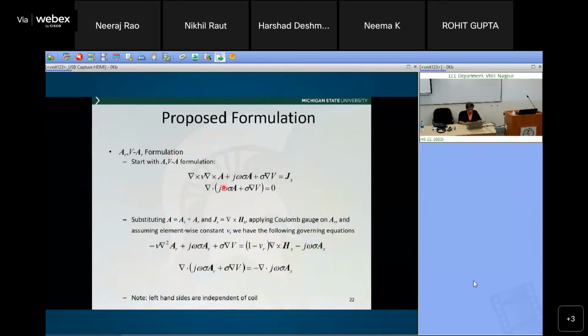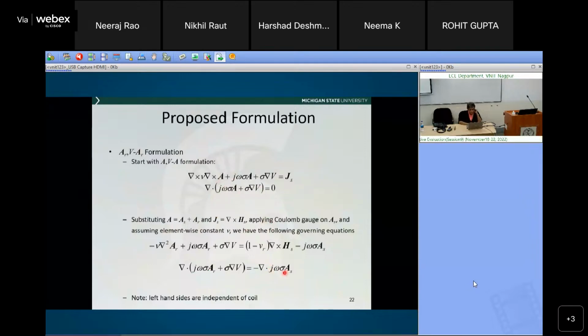These are the basic governing equations in terms of the magnetic vector potential. Now I take my A and write it as A equals AS plus AR, and Js is simply this value. Of course, the Coulomb gauge is there in the overall governing equation itself.